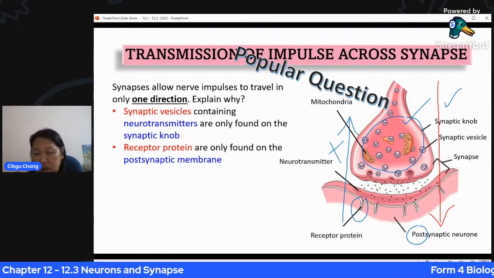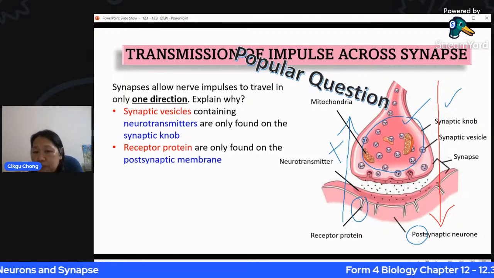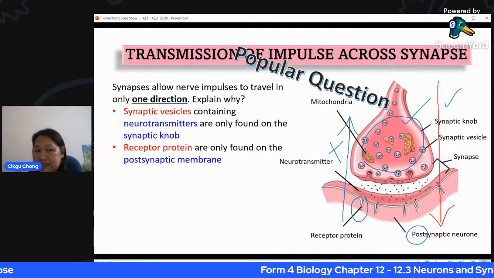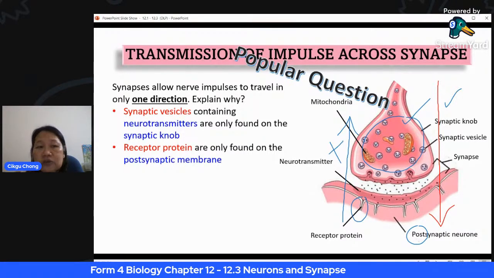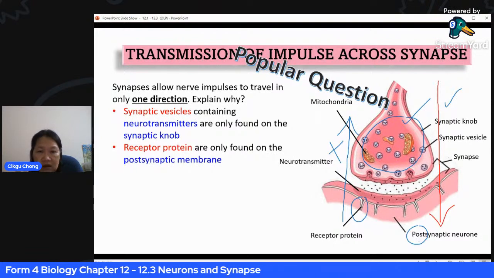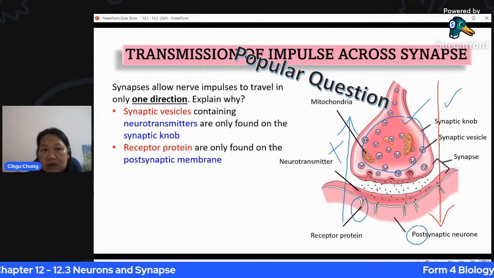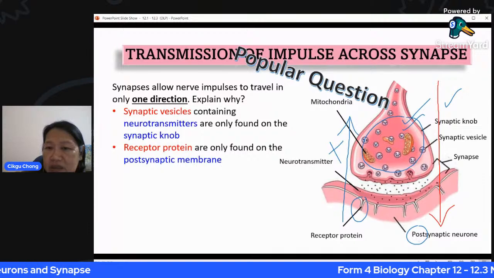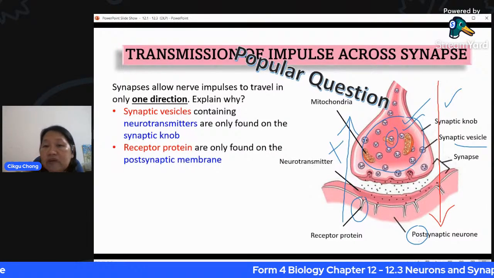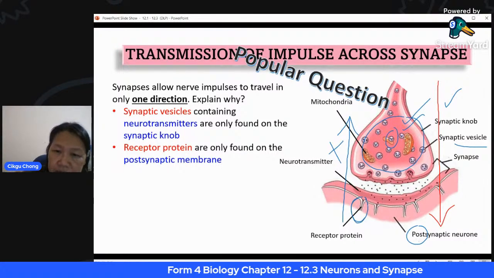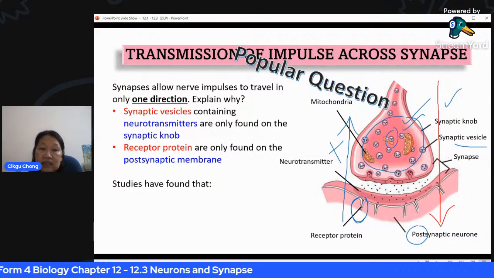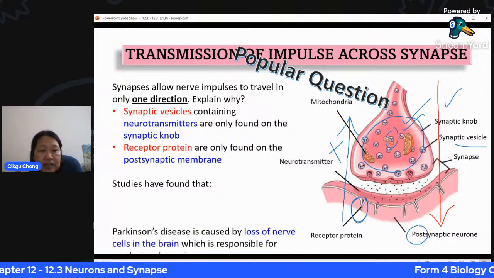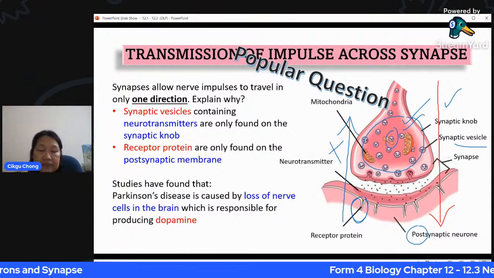Therefore, it is not possible for the impulse to pass from the postsynaptic membrane to the presynaptic membrane. It's only from the pre to the post, because you need the vesicles, which are only found on the pre, and the receptor protein, which is only found on the postsynaptic.